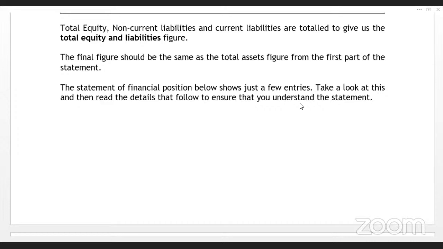Any questions so far? Questions about the balance sheet or the statement of financial position? Please ask those questions. Is everything okay?